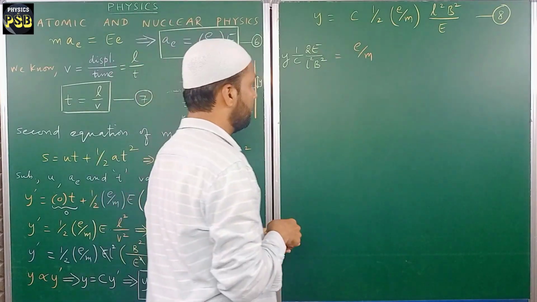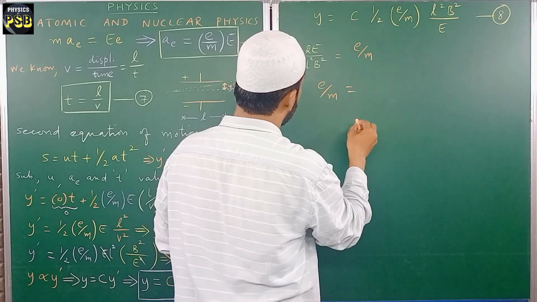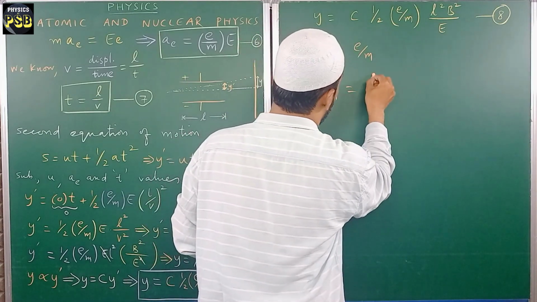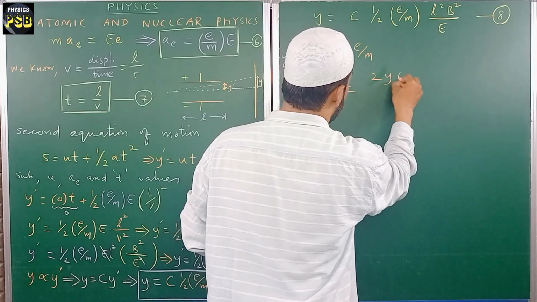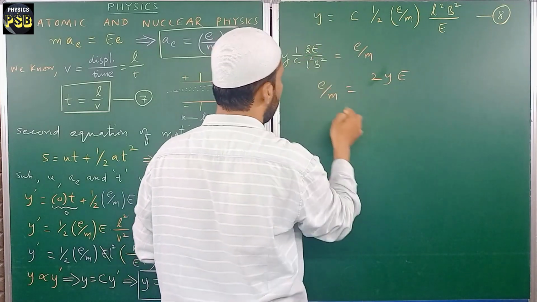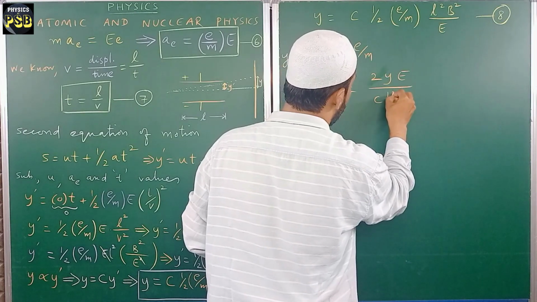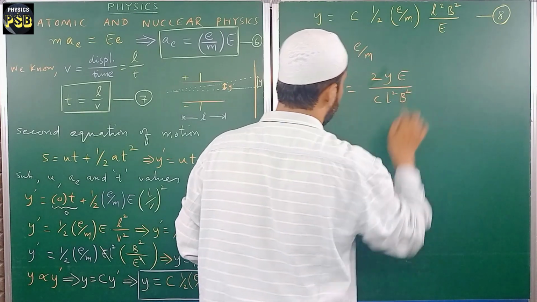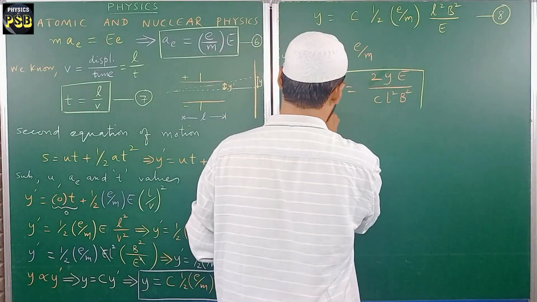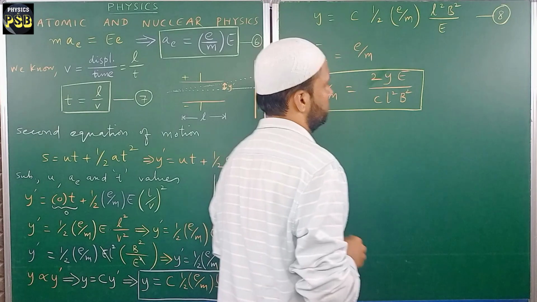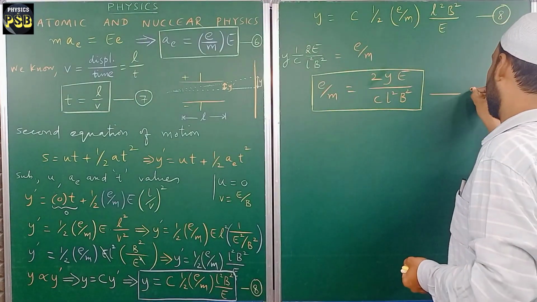So this can be rearranged and written as e upon m equals 2yE divided by c L square multiplied with B square. This is the final expression of the specific charge of the electron. This is named as equation number 9.